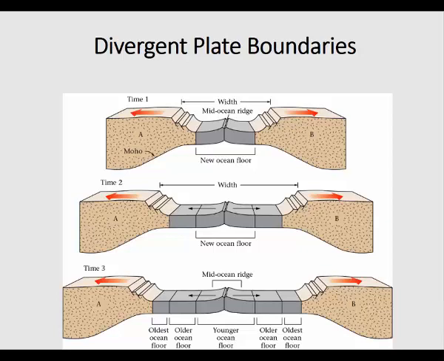You can see the diagrams at time 1, 2, and 3 here show that the new rocks that exist at the center at any given point are being pushed farther and farther away from the mid-ocean ridge as younger and younger ocean is growing in between.